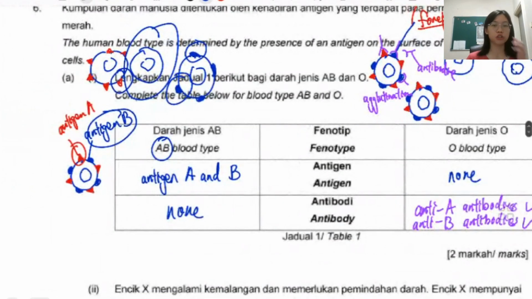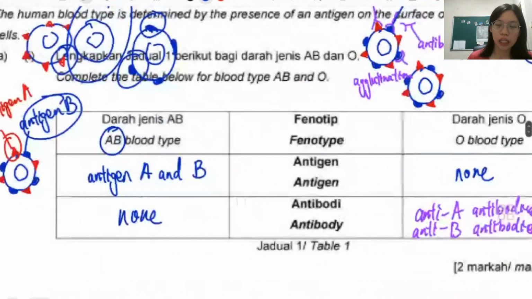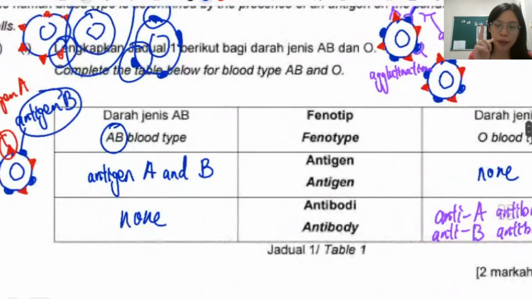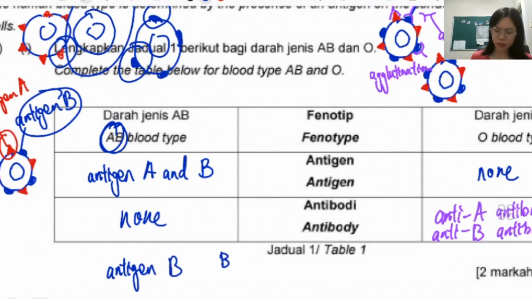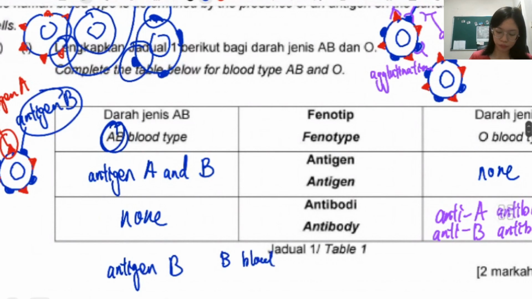So the easiest way to understand, if you see that a person has blood group type B, A, it means that person has that specific antigen. Like AB, he has antigen A and B. B blood group type, he has antigen B. So if you have antigen B, it means you are blood group type B.